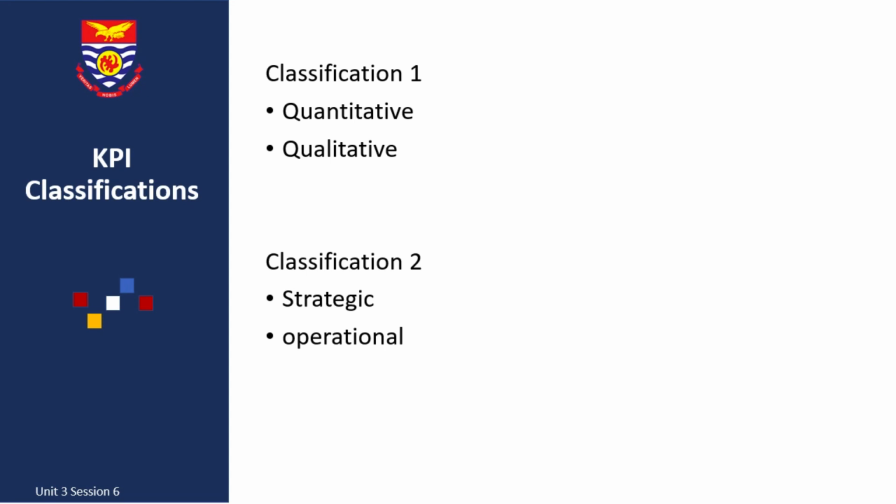So the strategic KPIs are more about monitoring progress and trends towards a stated destination. The destination here is the mission of the organization, the main objective of the organization. So whatever we are trying to achieve here is geared towards a particular destination in the organization.